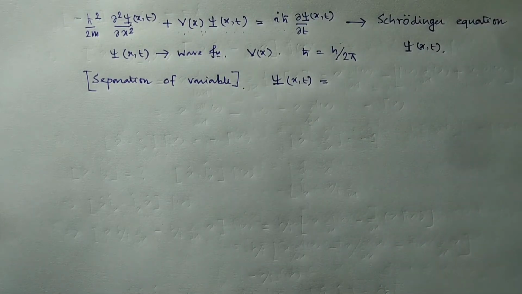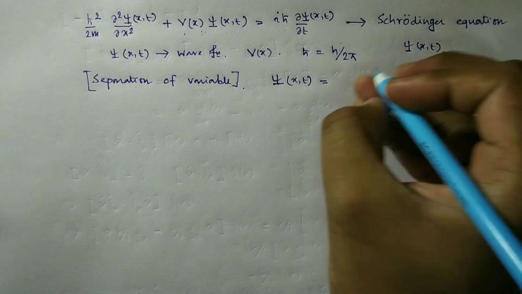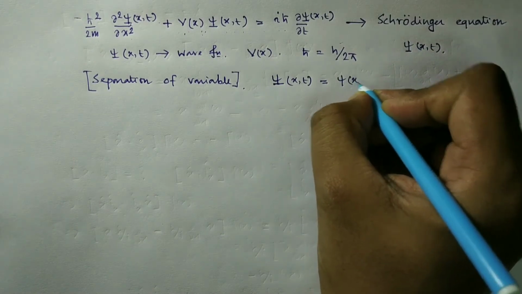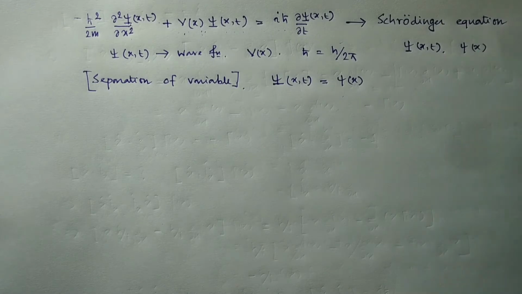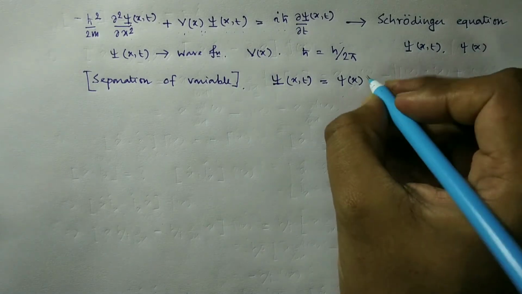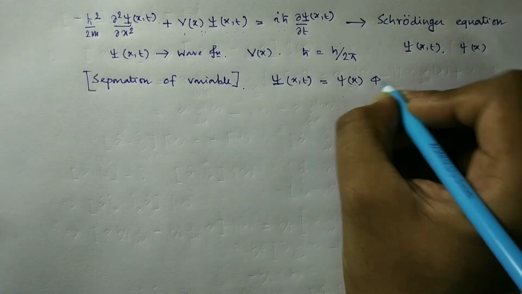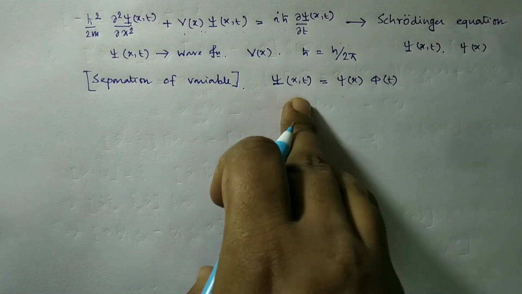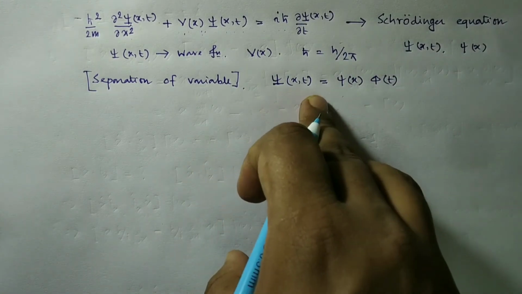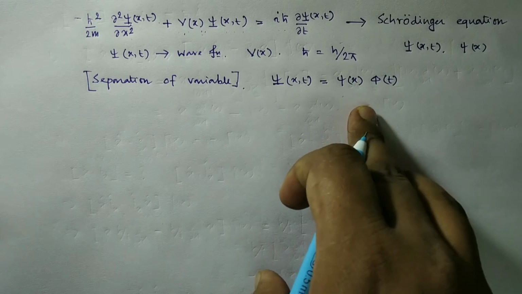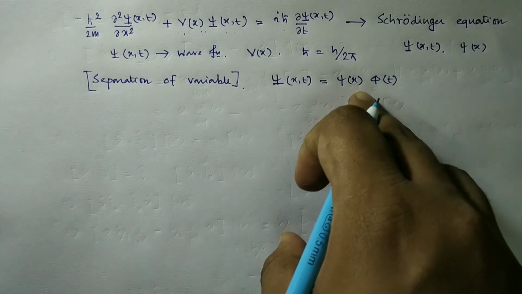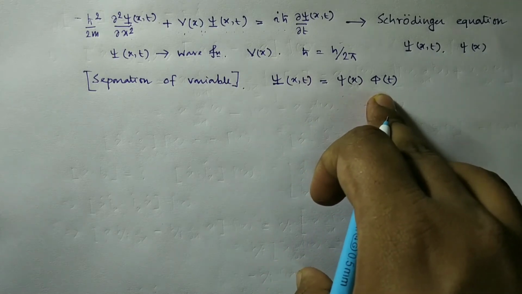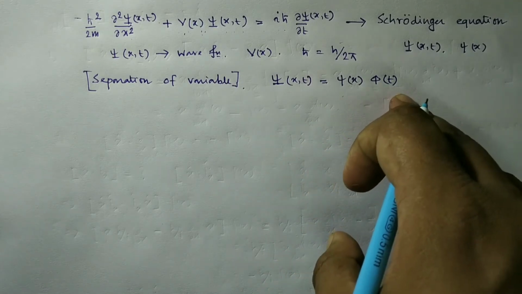Now let us assume this is a simple product of two functions, ψ in lowercase, and φ as a function of t only. Look here, Ψ(x,t) is a function of both position and time. It is a simple product of two functions where ψ is only a function of position x and φ is only a function of time.